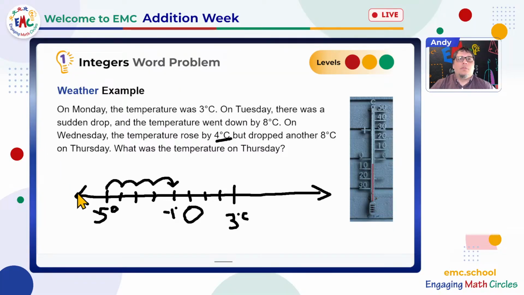So I need to move this over. Make some more room. Okay. So I have to go down 8. If I go down 4, I have to go down 4 more.